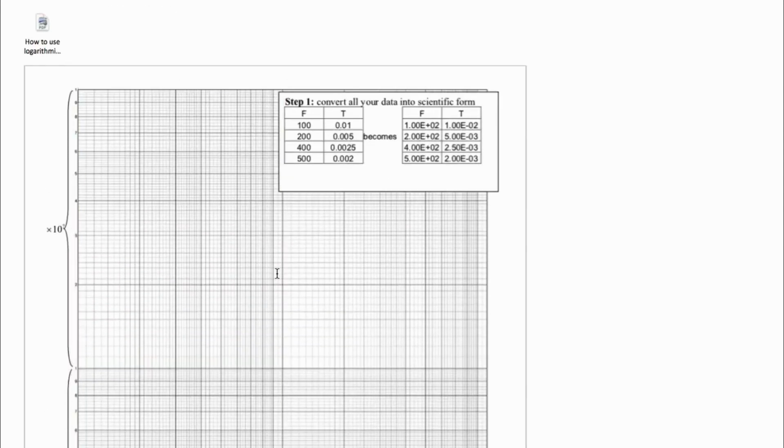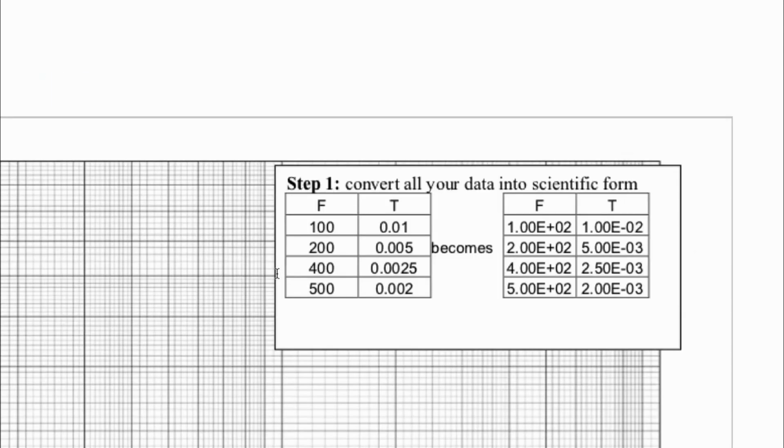So to use the graph paper effectively, the first thing you need to do is convert your data table from the raw values, like we have here, into scientific notation. Now, just to give you a heads up here, this is the type of scientific notation that is produced by a spreadsheet. This is not the traditional notation.